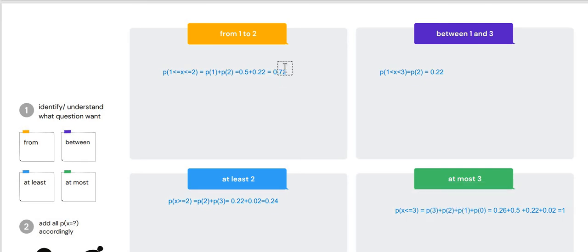It cannot be more than 1 or less than 0, and the total must equal 1. Okay, class? So this is the PDF, the meaning of PDF.